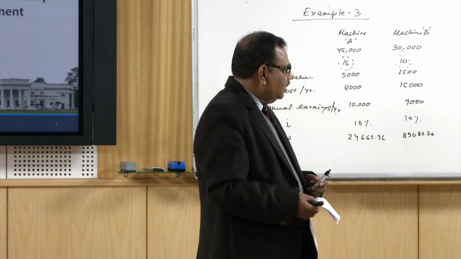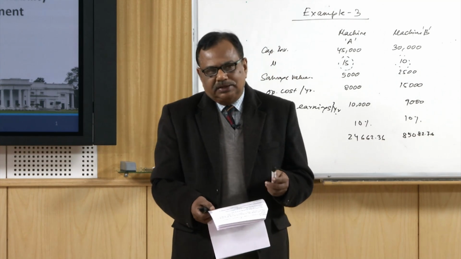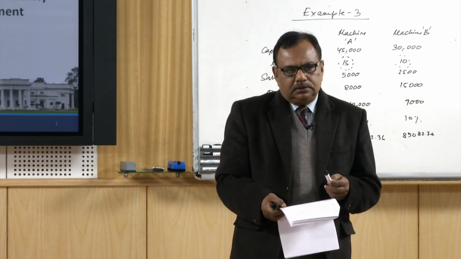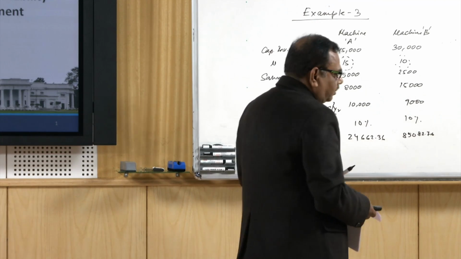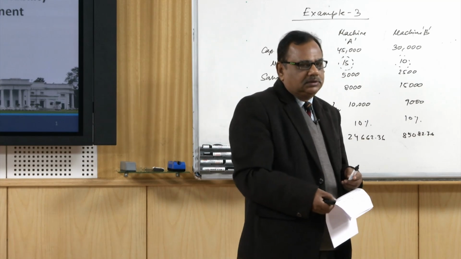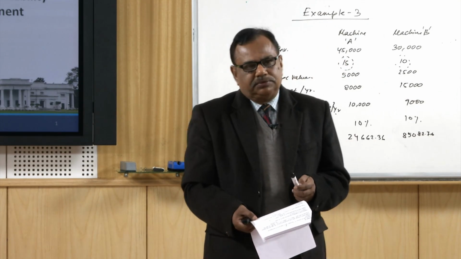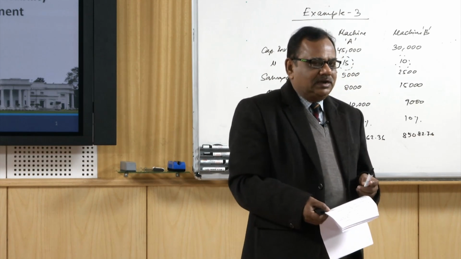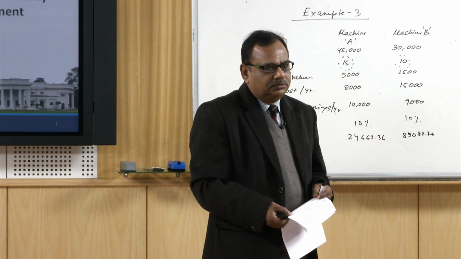The last numerical was a little bit complex, and we can see that handling the last example, that is example 3, was a little bit tedious because the lifespan of both the alternatives was not the same. So, the present worth method is a little bit tedious to apply. This we can conclude. Thank you.